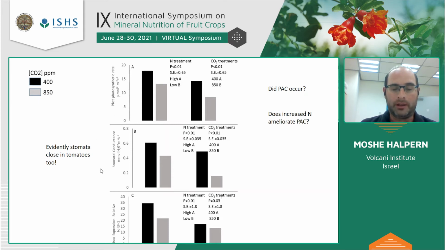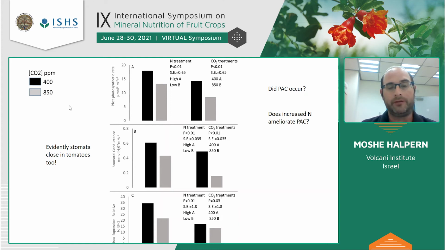You'll notice though that if you go from low nitrogen to high nitrogen, it doesn't ameliorate it, because either way, the photosynthetic acclimation seems to occur. It occurs both in the high and the low nitrogen.